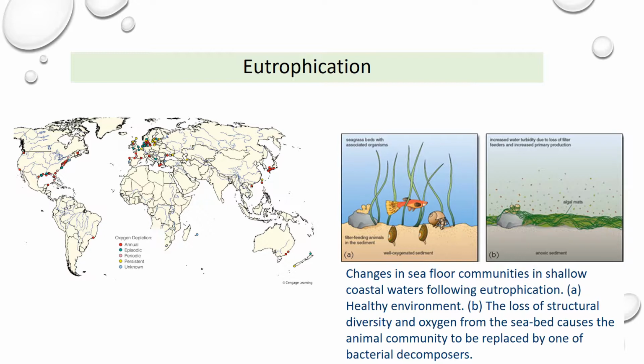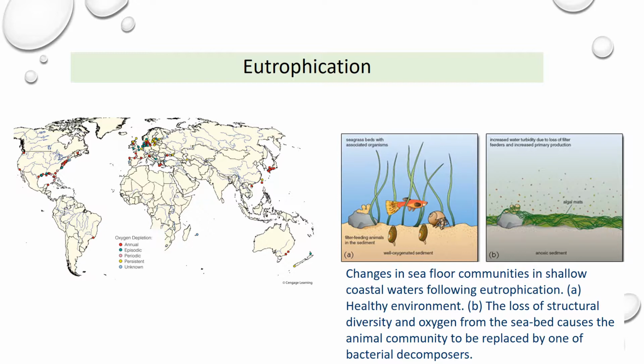So in the diagram next to it, you see changes in the seafloor community in shallow coastal waters following eutrophication. In image A, to the left, you see a healthy environment.